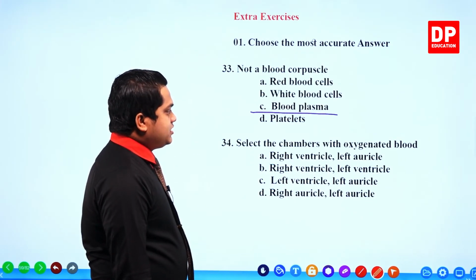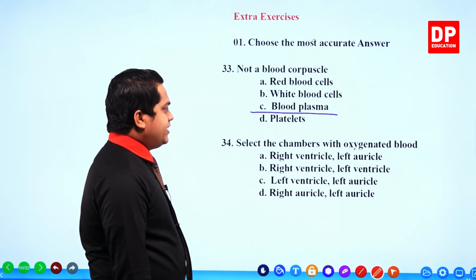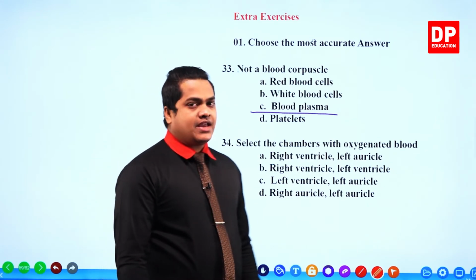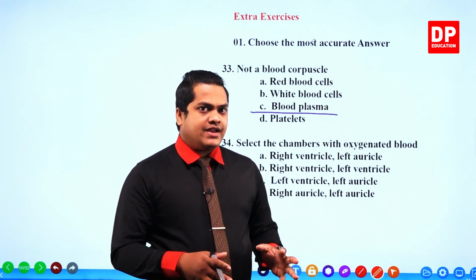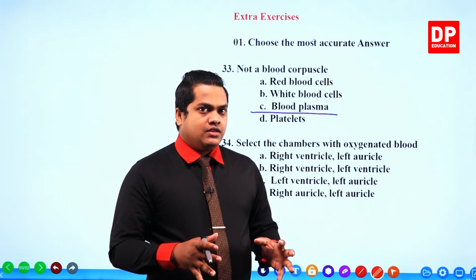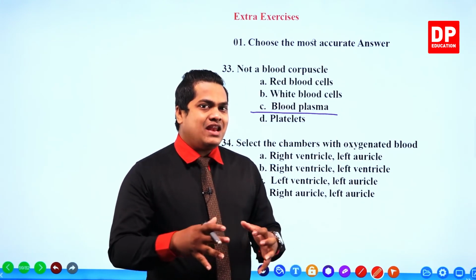Select the chambers with oxygenated blood. Oxygenated blood can be observed, my dear children, on the left hand side of the heart, in the left ventricle and the left auricle.